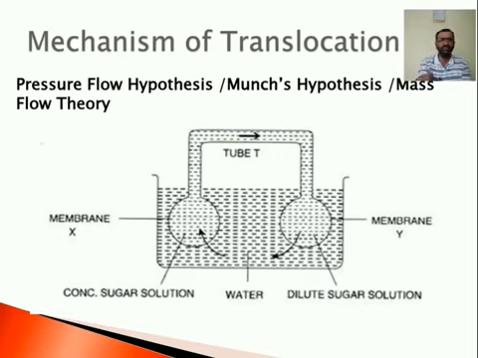The first one is the pressure flow theory. It is also known as the Munch hypothesis because this hypothesis was proposed by Munch in 1930 and elaborated by Kraft in 1938. According to them, translocation of organic solute takes place through the phloem along a turgor pressure gradient.